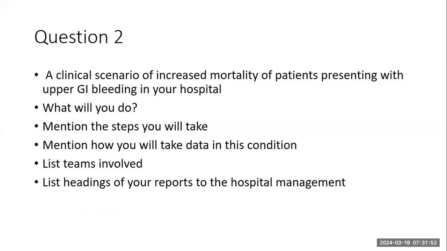And then if you see that you are still not meeting targets, you now have to give another time for a re-audit, where you look at another aspect of the component of clinical audit. So this is how clinical audit is carried out. It is specific, measurable, achievable, realistic, and time-bound.